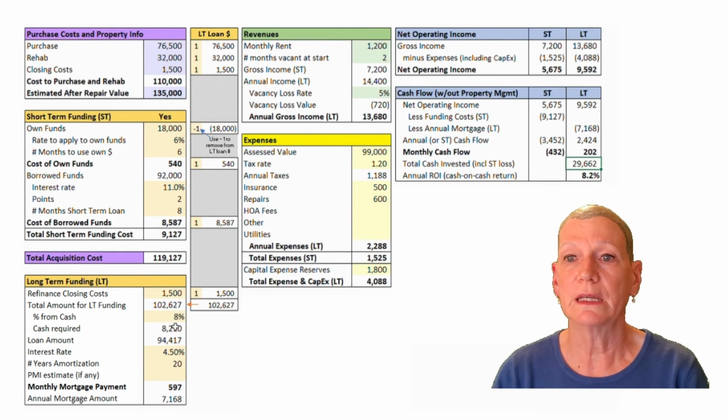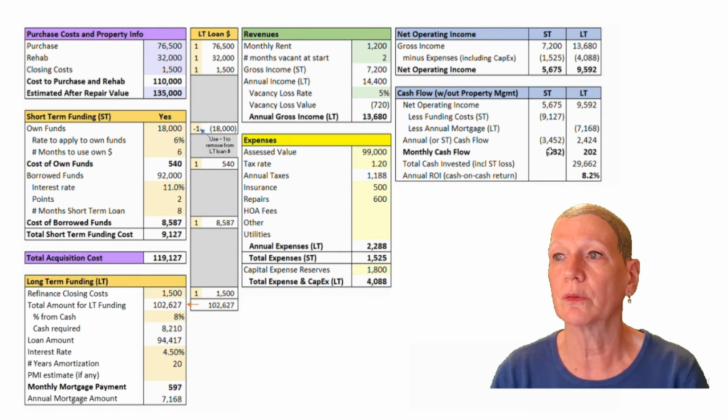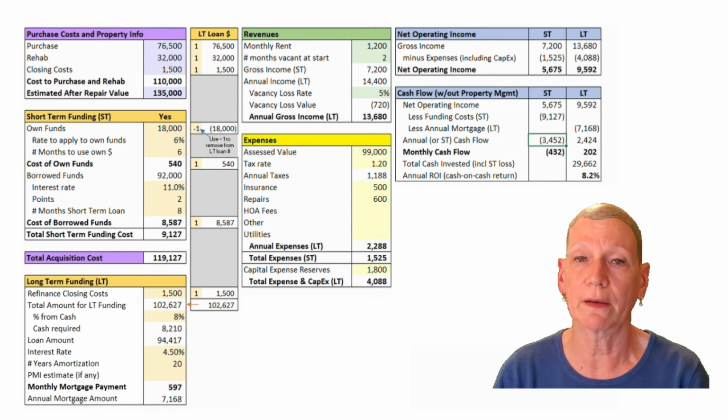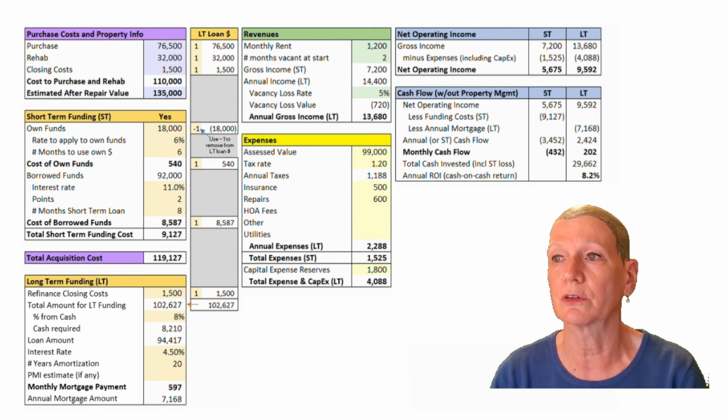It's the cash that we put in here when we said we're not going to take out as much of a refinance as we might otherwise have tried to get. And it's also this negative amount of cash flow that we encountered during the short-term period, the amount of our costs that were not covered by the rent that we were collecting during the short-term period. So that comes up to almost $30,000 of our own money in the deal.